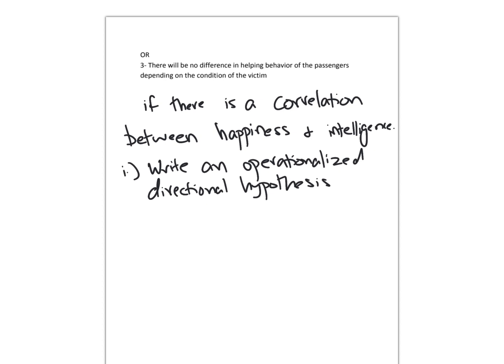Okay. So I could say that my one-tailed hypothesis for this operationalized would be there will be a positive correlation between how much a person smiles and how high a score they get in an IQ test. Or I could, let's write it down.